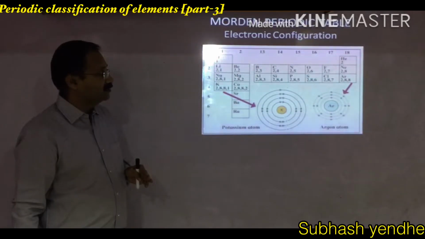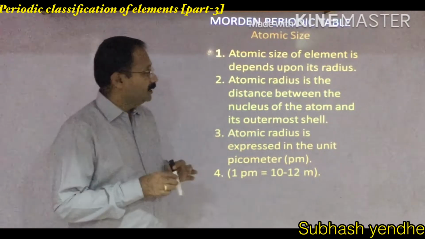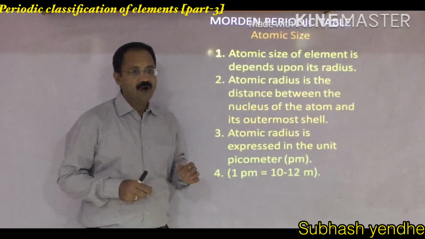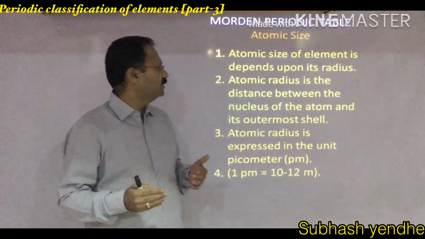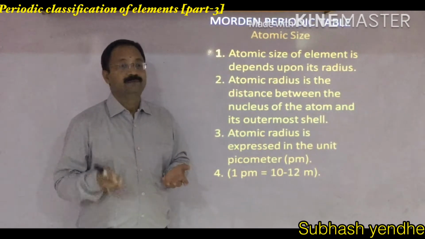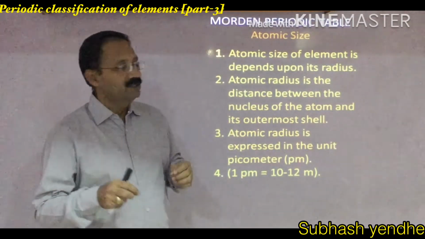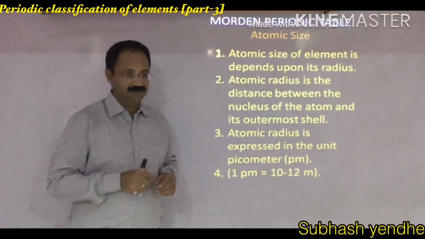Now let's see the next part of this chapter, which is very important: atomic size of the element. Exactly what is atomic size? It depends upon the atomic radius of the element.